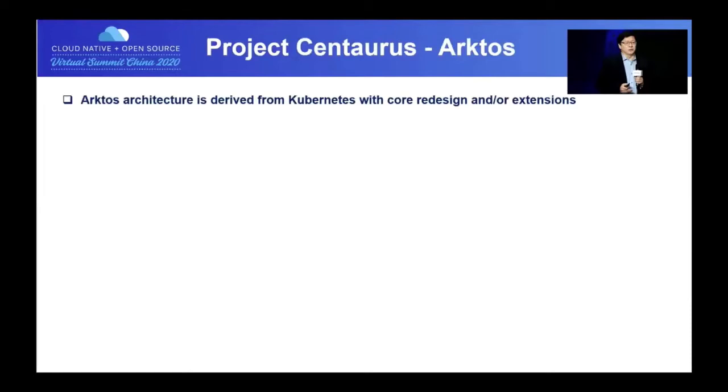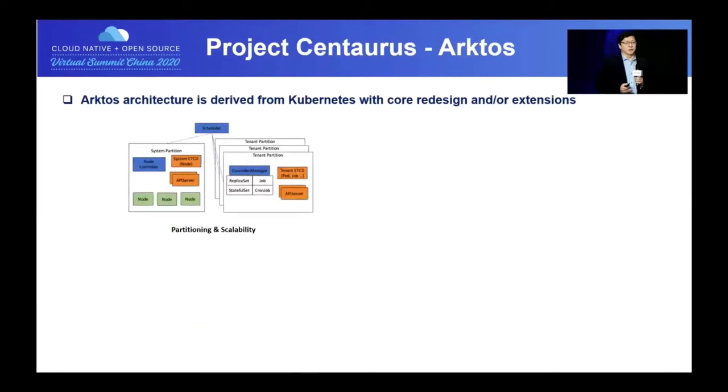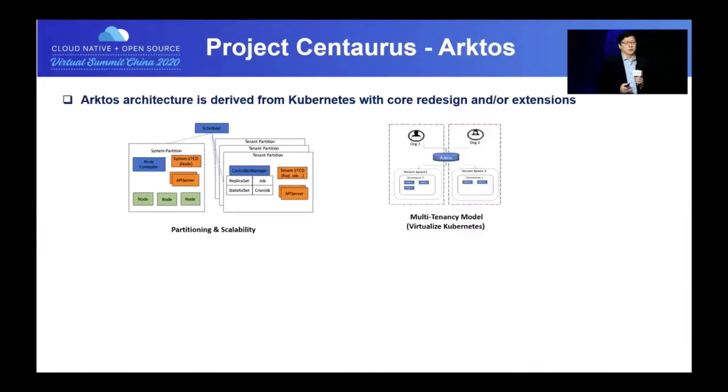The Centaurus Arktos component is derived from the well-known Kubernetes architecture. However, we made some major redesigns and extensions to the core of Kubernetes. Here is a list of the changes that were made. Partitioning and scalability. In Arktos, the API server, etcd store, controllers, and schedulers can all be partitioned for large-scale deployment.